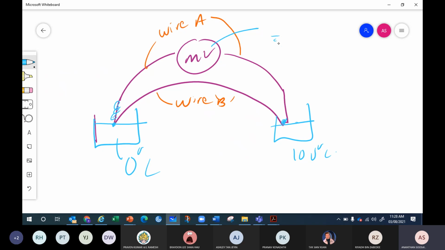Of course that voltage can't be used to light a light bulb, because it is in the millivolt range, very small.